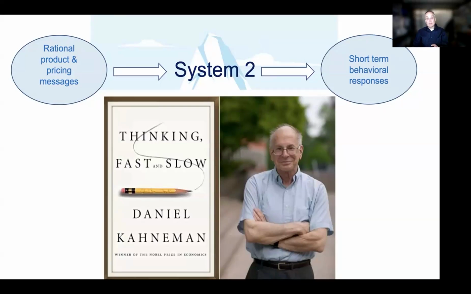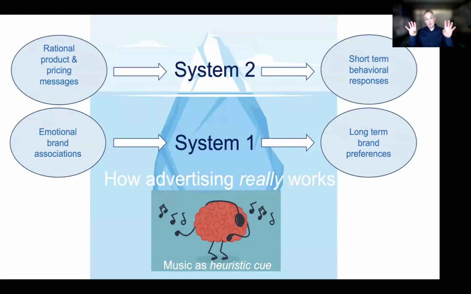So Kahneman said, actually, this System 2 that's on the surface of our processing system has underneath another system that he called System 1. And that is actually larger and probably more effective, at least in terms of persuasion, marketing, and advertising.